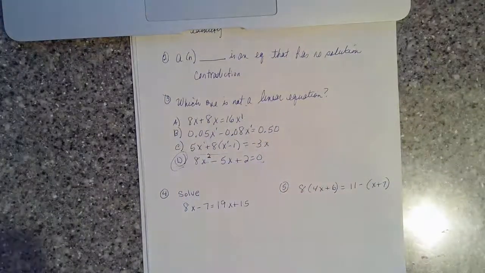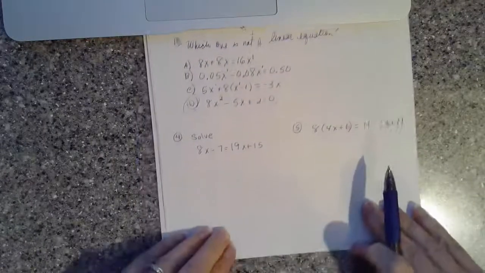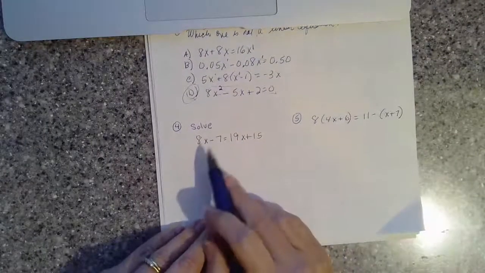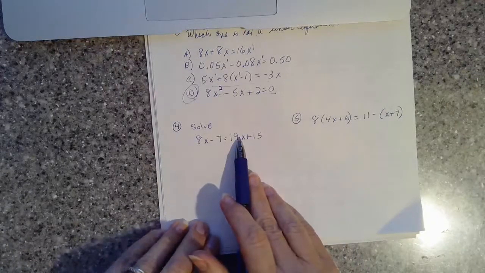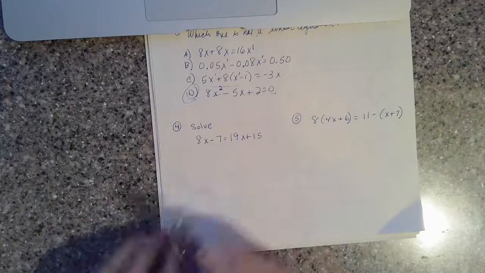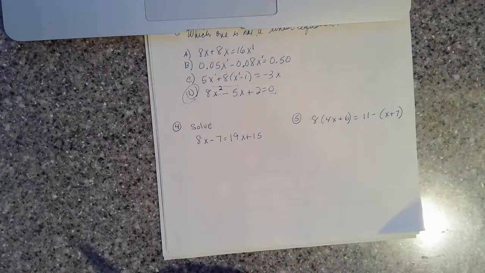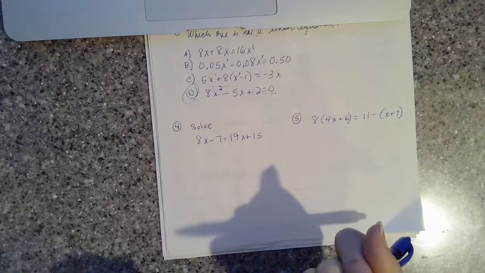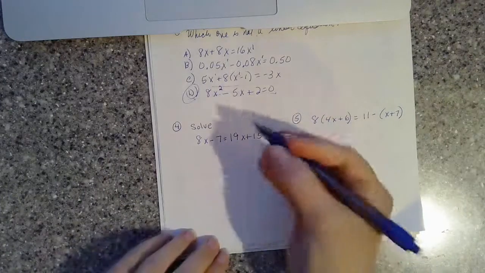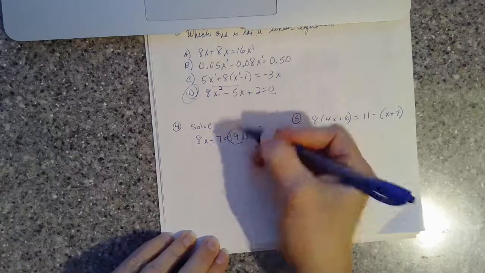All right, now we're going to solve some equations. We'll start out with this one where we have x's on each side, so we need to get our x's to the same side. It's really up to you if you want to bring your x's to the left or the right. A lot of times you may have been trained to bring your x's to the left, and that's fine. You do not have to, though. I'll start out like that. I'm going to bring the 19x over to the left.